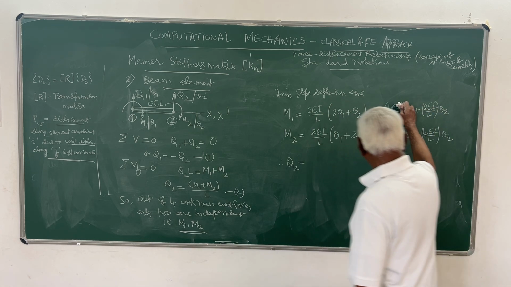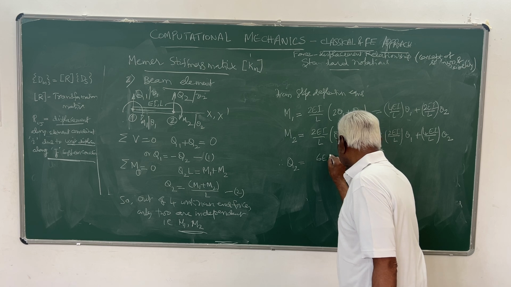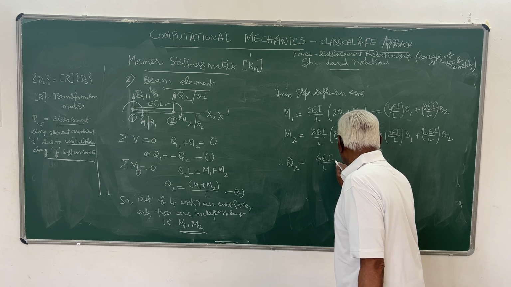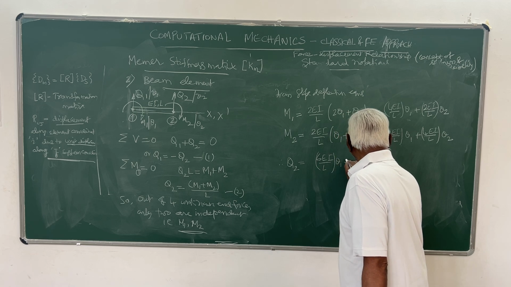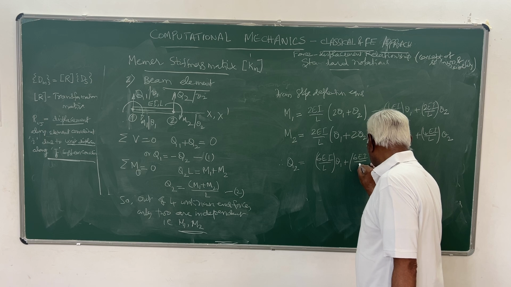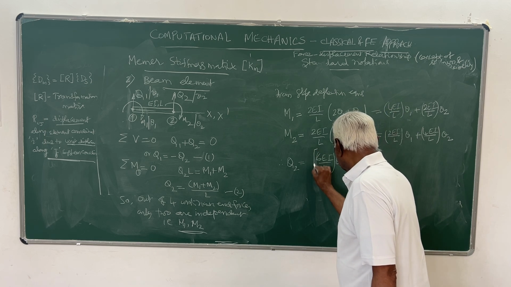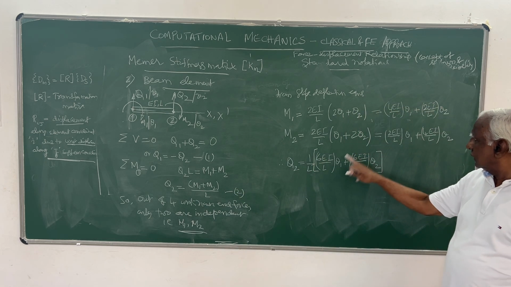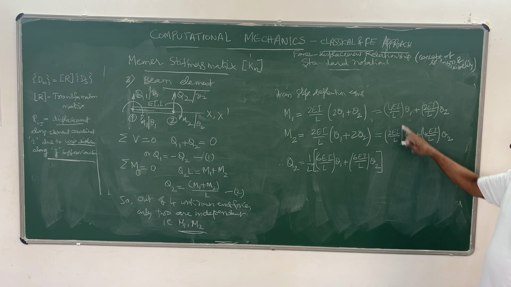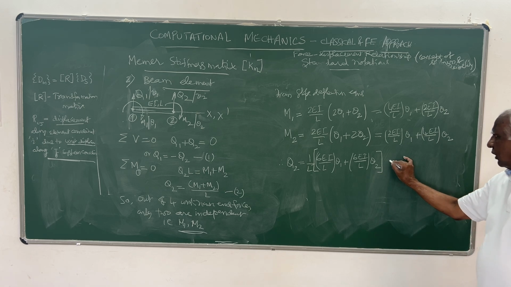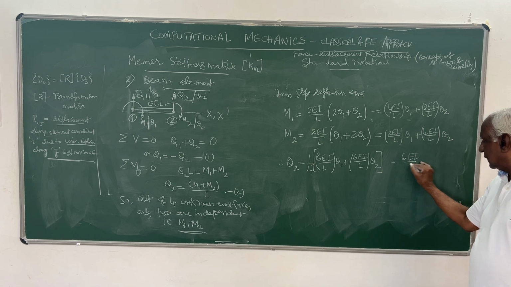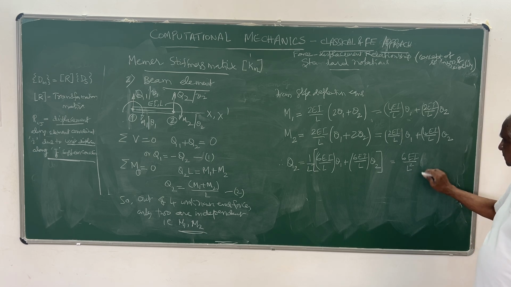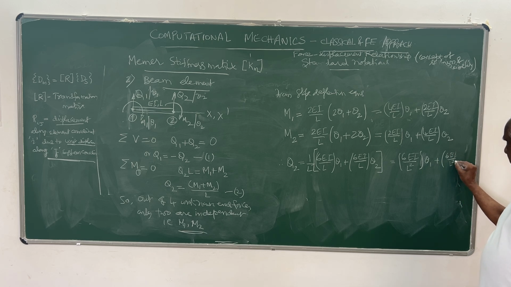So, that is 4EI by L, 2EI by L, 6EI by L into theta 1 plus 6EI by L into theta 2, divided by L. Or this is 6EI by L square theta 1 plus 6EI by L square theta 2.